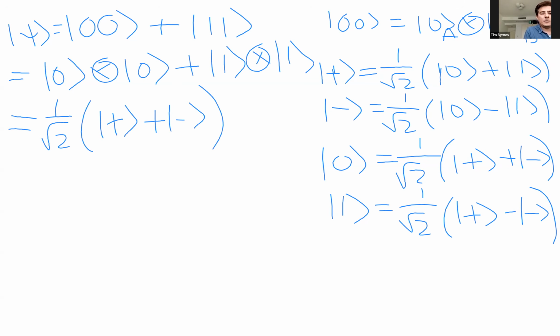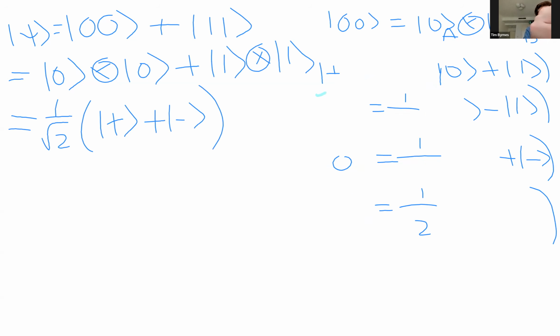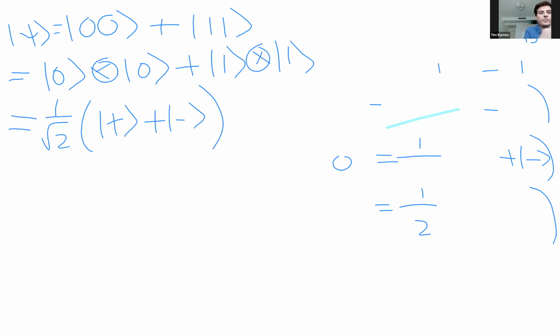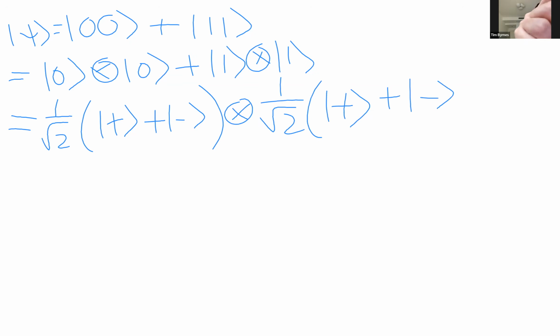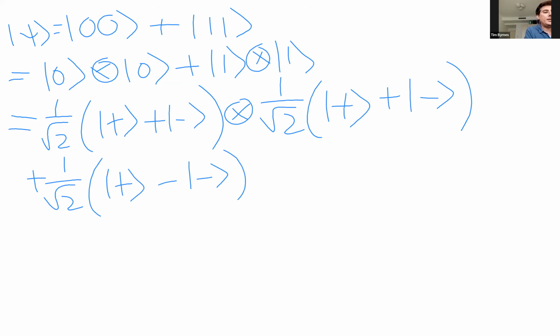Let me just erase a few things here to make a bit of space. Okay. So that is tensor product with this state, |0>, plus state plus minus state, and the second term is similar, but there's a minus sign here.